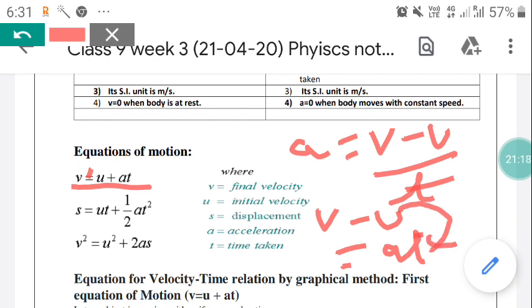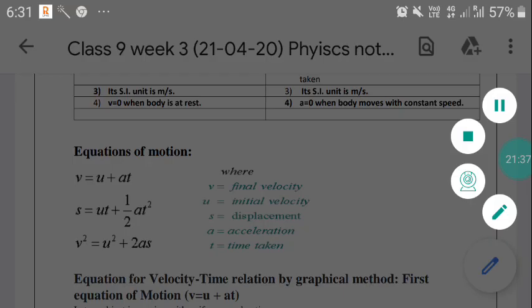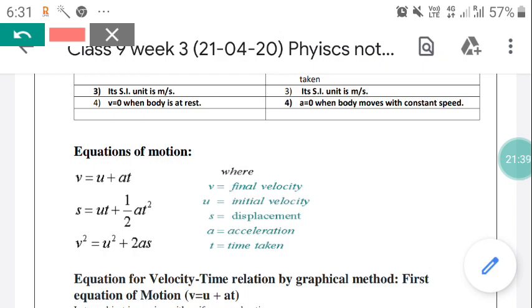Take this u to the right hand side and it will become v is equal to u plus at. Second is s equals ut plus half at square, and third is v square is equal to u square plus 2as, where v is the final velocity, u is the initial velocity, and s is displacement or distance. In any case, a is acceleration and t is time taken.